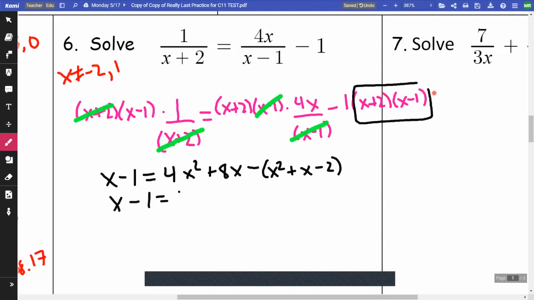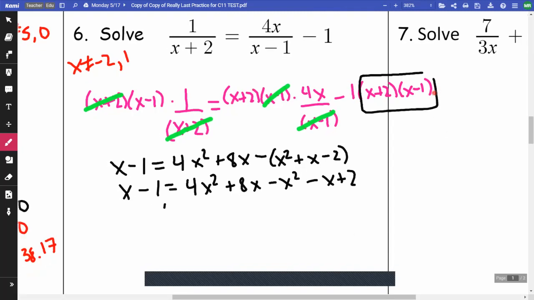So x minus 1 equals 4x squared plus 8x minus x squared minus x plus 2. And let's clean that up.